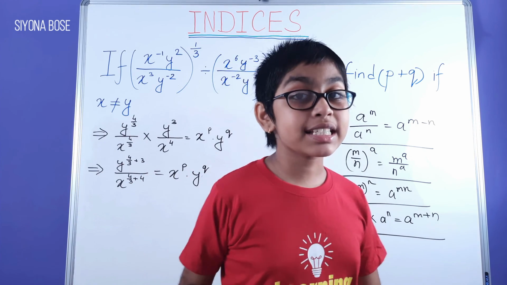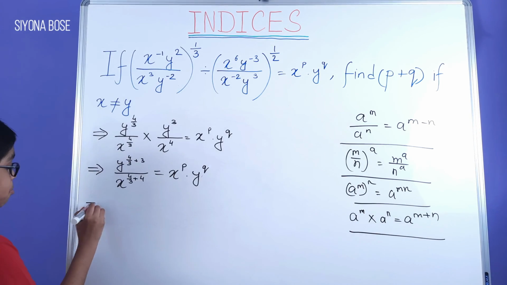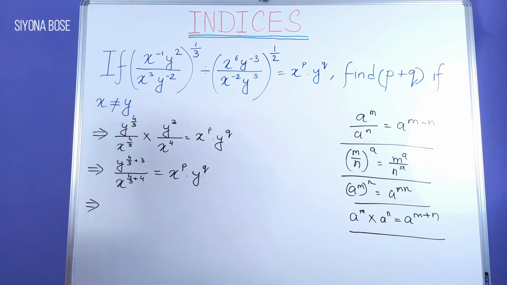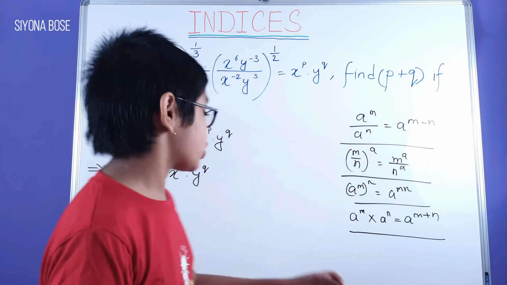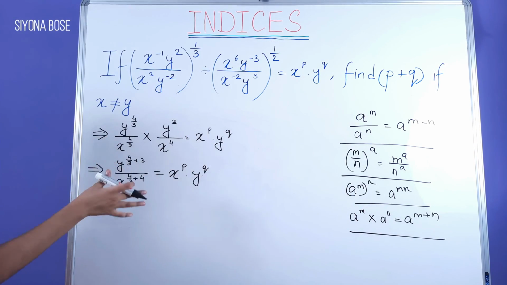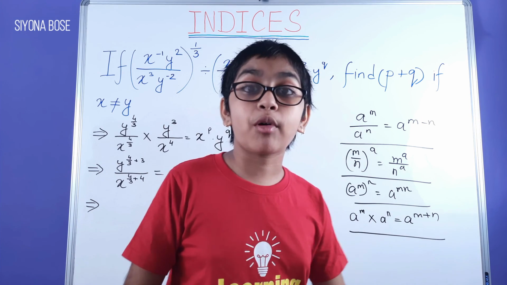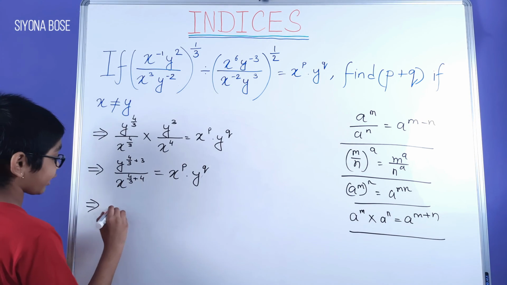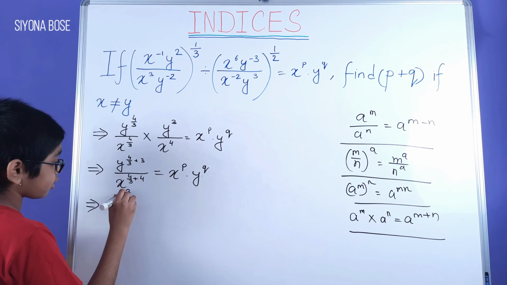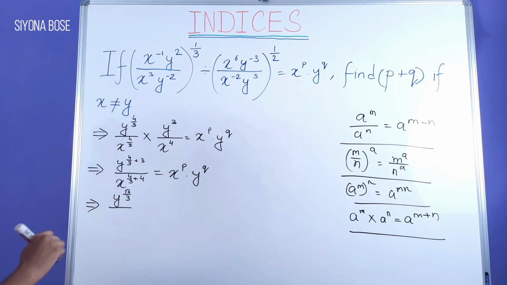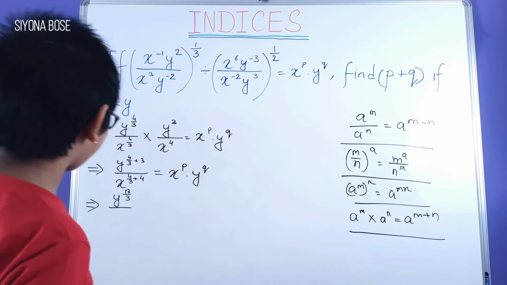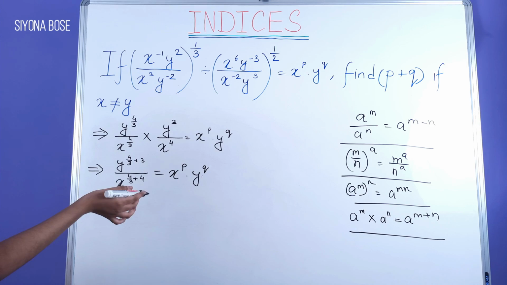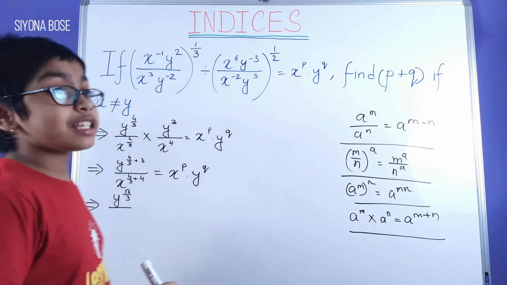Now let's simplify that. 4 by 3 plus 3, we can just calculate mentally: 3 threes are 9, plus 4 is 13 by 3, so y to the power of 13 by 3, by x to the power of, if we calculate this mentally, 16 by 3.